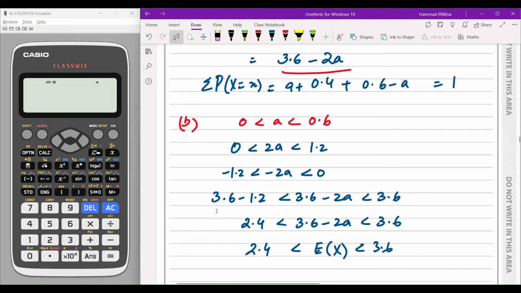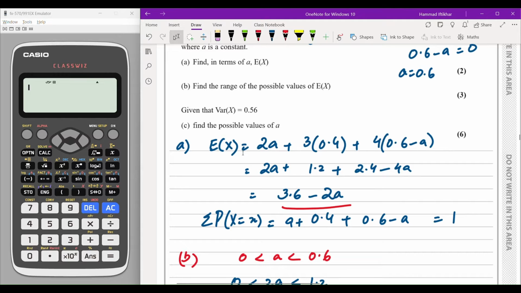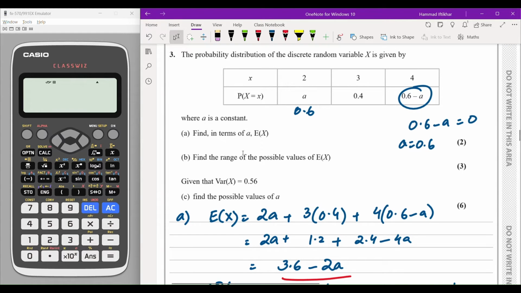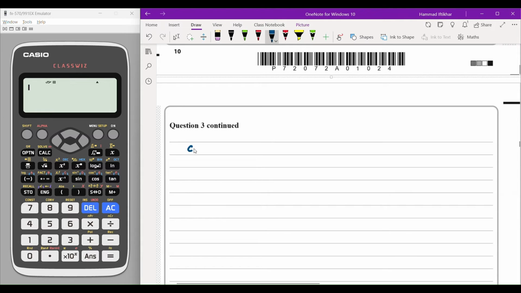Okay, right. Given that the variance of x is 0.56, find the possible values of a. Okay, so we actually need the formula for the variance.